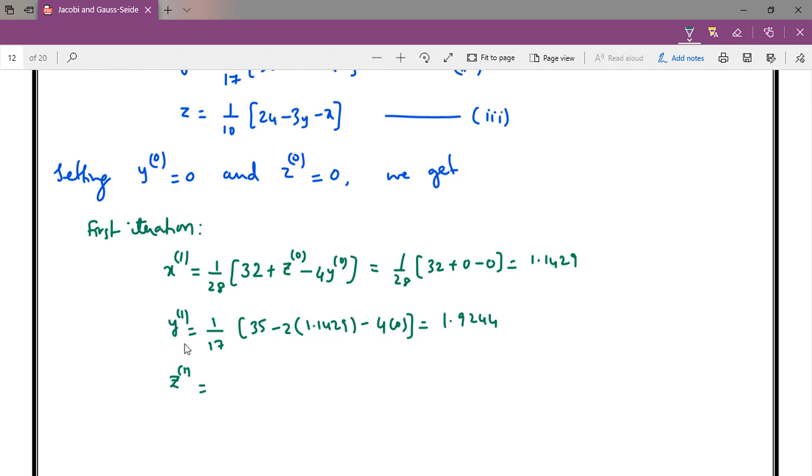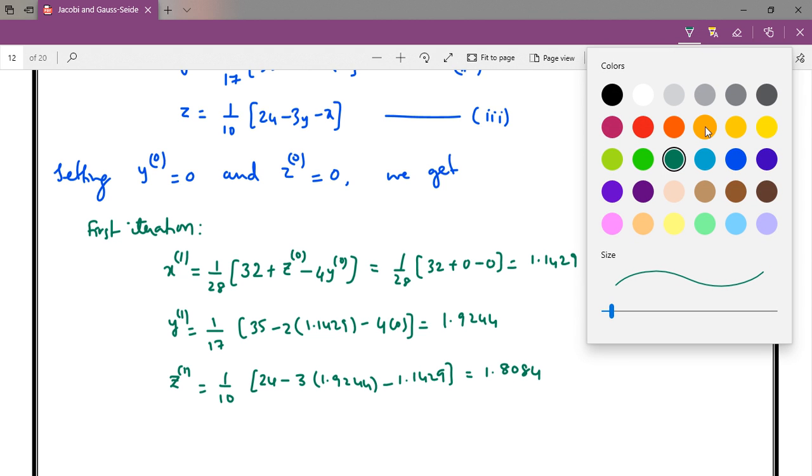So while calculating z1, we are going to make use of both x1 and y1, that is 1 by 10 into 24 minus 3 into y1, that is 1.9244, minus x, that is 1.1429. So this gives you 1.8084. So this is the first iteration.